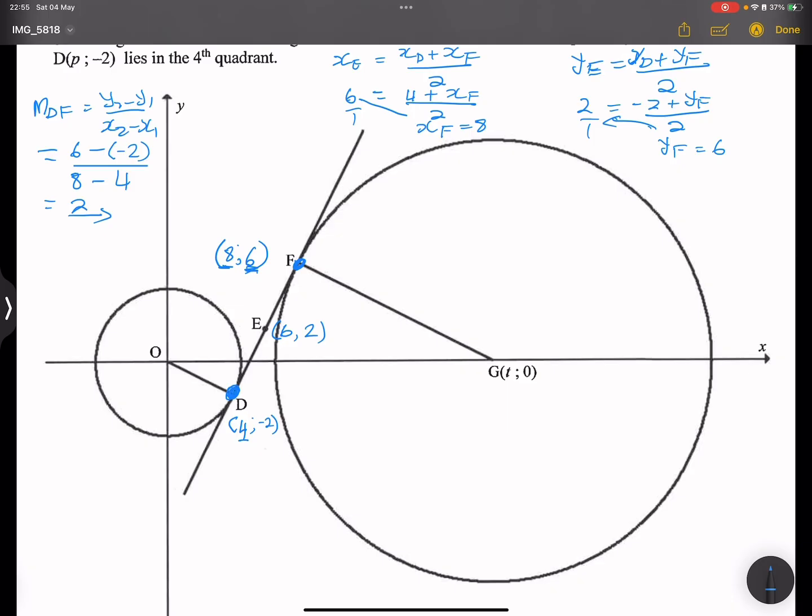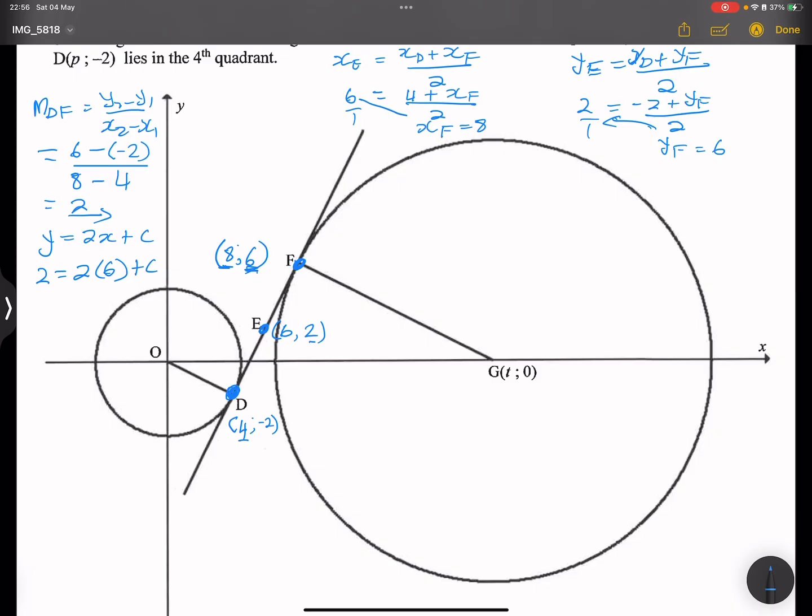Right, but we're not done. We're looking for an equation. So in this case, I'm going to substitute the point E to get the C value. So this is y is equal to 2x plus C. So I know when y is 2, x is 6, plus C. And so that's 2 times 6, which is going to be 12.